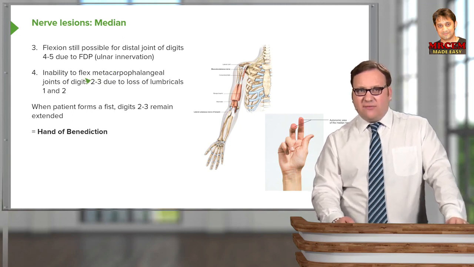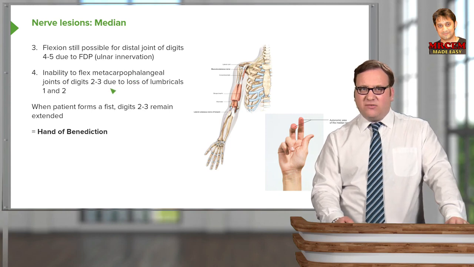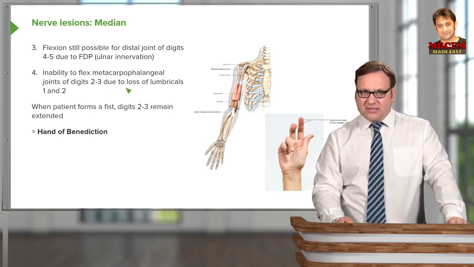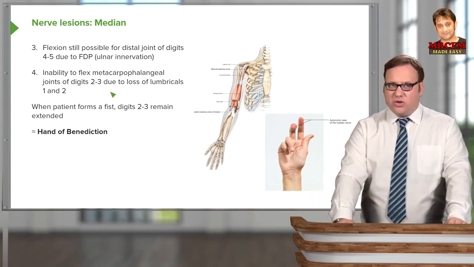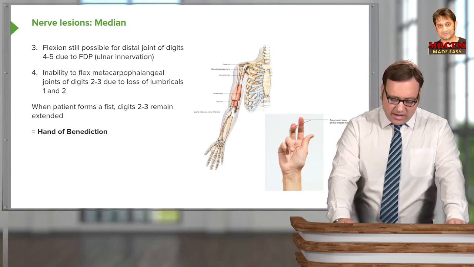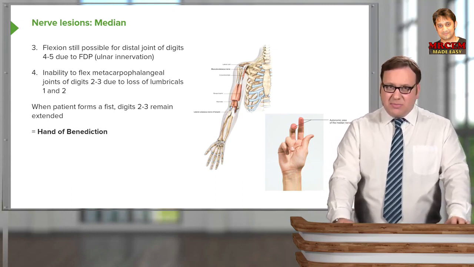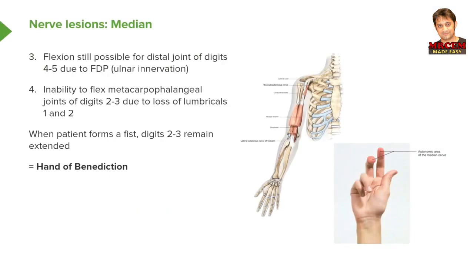You're also going to have inability to flex the metacarpophalangeal joints of digits 2 to 3, and due to loss of the lumbricals, you won't be able to extend the interphalangeal joints of digits 1 and 2. So this means that when a patient is asked to form a fist, digits 2 and 3 essentially remain extended. And this is what we can see here.